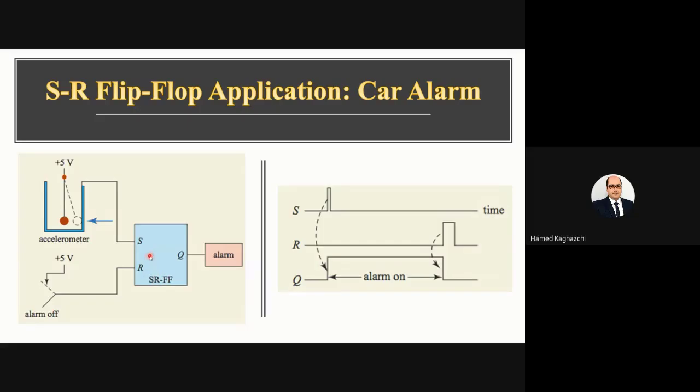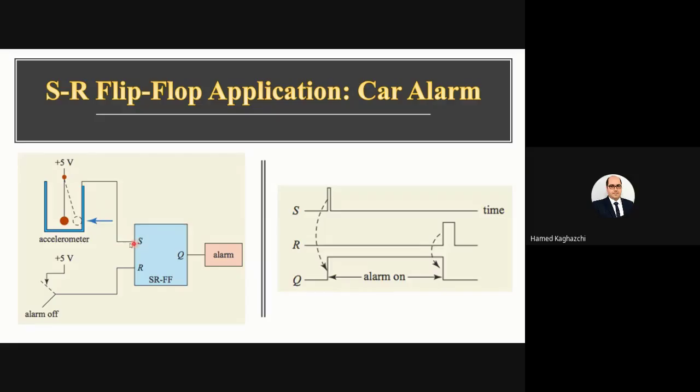Now, at the first time, S is 0 and R is 0 and Q is also 0. When the motion occurs in the accelerometer, this 5 volt signal comes here. 5 volt signal means setting S to 1. Change the S from 0 to 1.